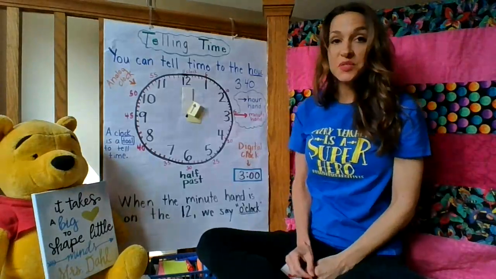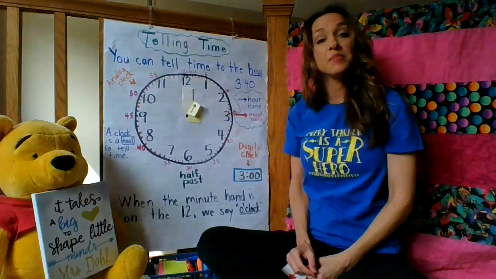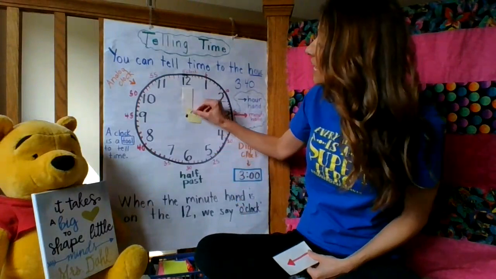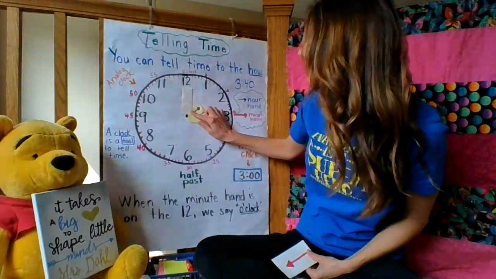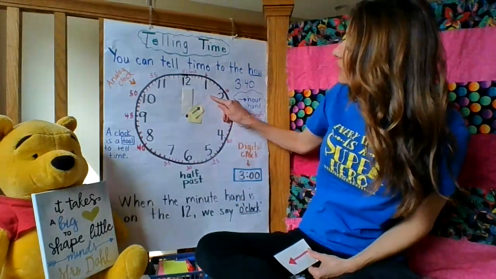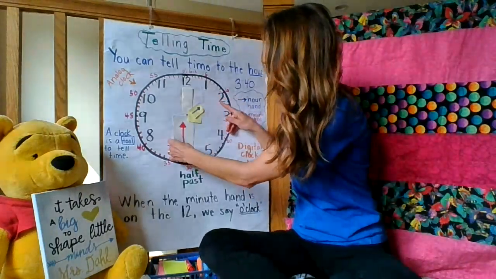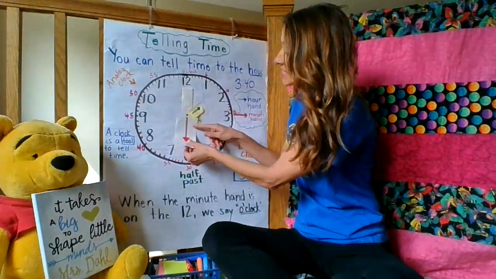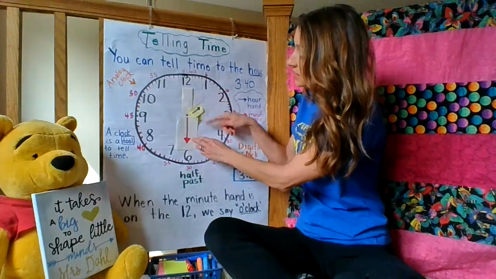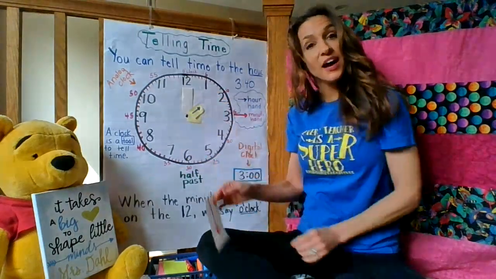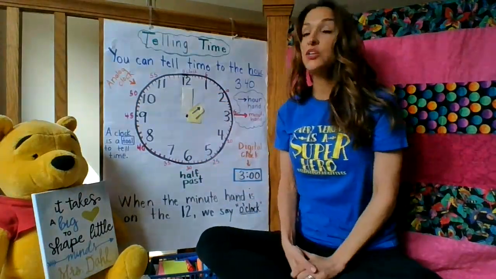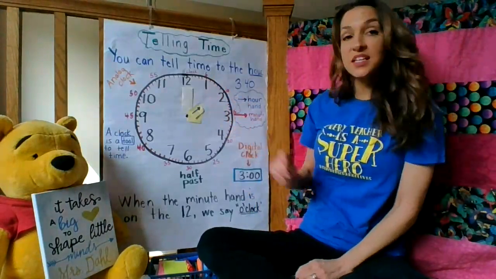So don't get confused when you're looking at a clock and trying to tell time to the minute. If it's half past an hour, it's close to the next hour, but it's not there yet. So it's 1:30.